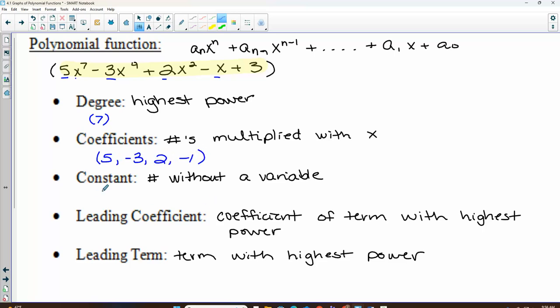What is my constant in that example? 3, because that one doesn't have an x with it. The leading coefficient, you have to take the term with the highest power. What's the coefficient of that term? 5. My leading term is that entire term with the highest power, 5x to the 7th.